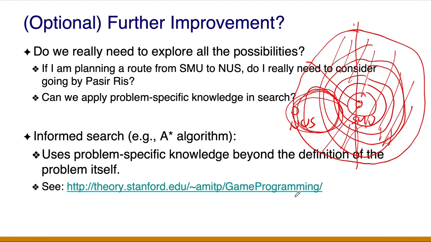And you want to do it very efficiently, so you have good real-time performance. That's the reason why A-star is very important in designing computer games, right? So if you're interested in learning more, please refer to this particular website. It's very comprehensive, very practical. You can use it to directly improve your program.